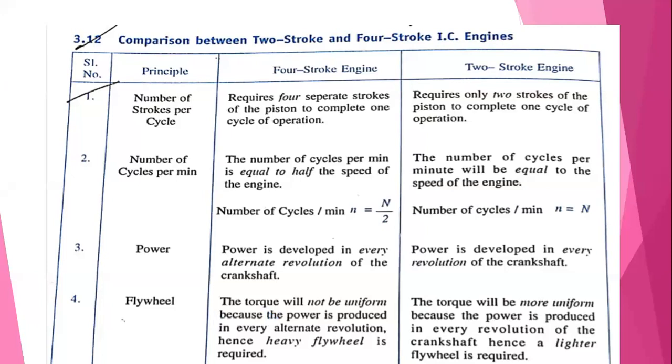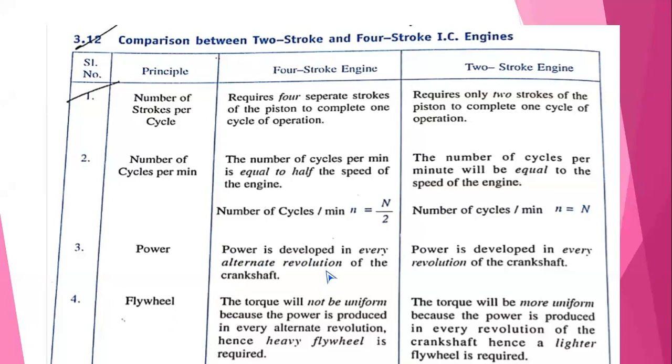For that reason, the torque developed in the engine is high in the case of a four-stroke engine, because the flywheel used is also a heavy one. Due to that, the torque developed is very high in a four-stroke engine.